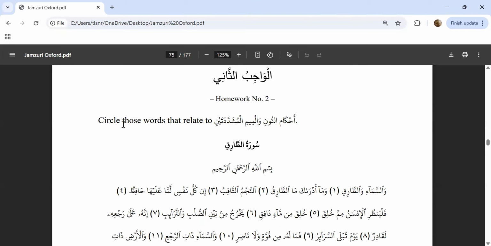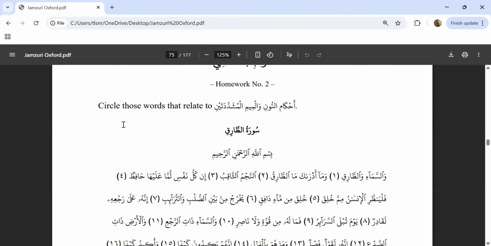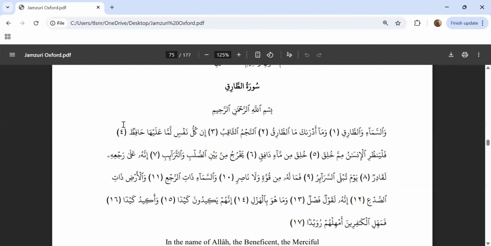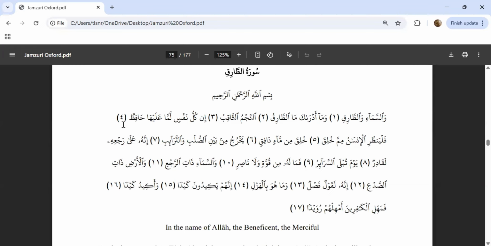It's very simple homework, but there isn't too much homework one can give on this particular point in the poem, keeping in mind that you might have beginners in your course. This is from Surat al-Tariq. You just need to go through and underline, highlight, or circle those words where we apply ghunna only.